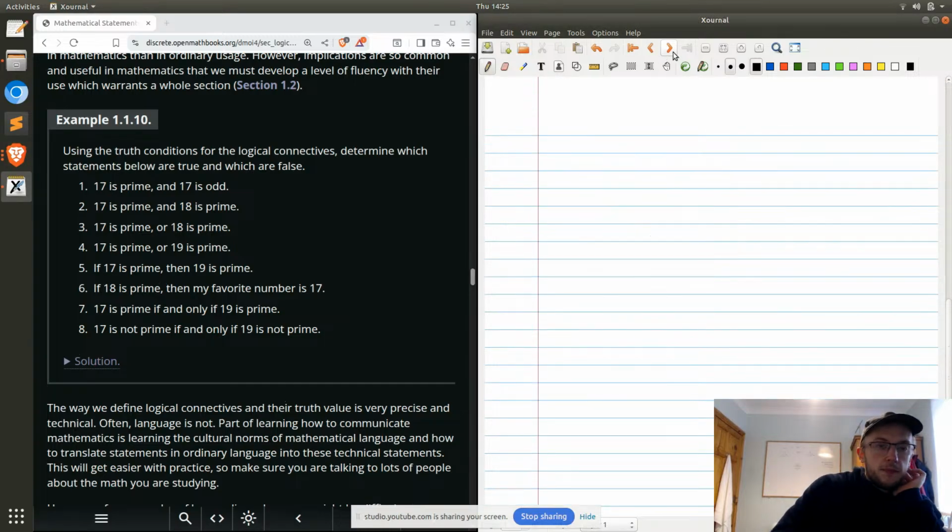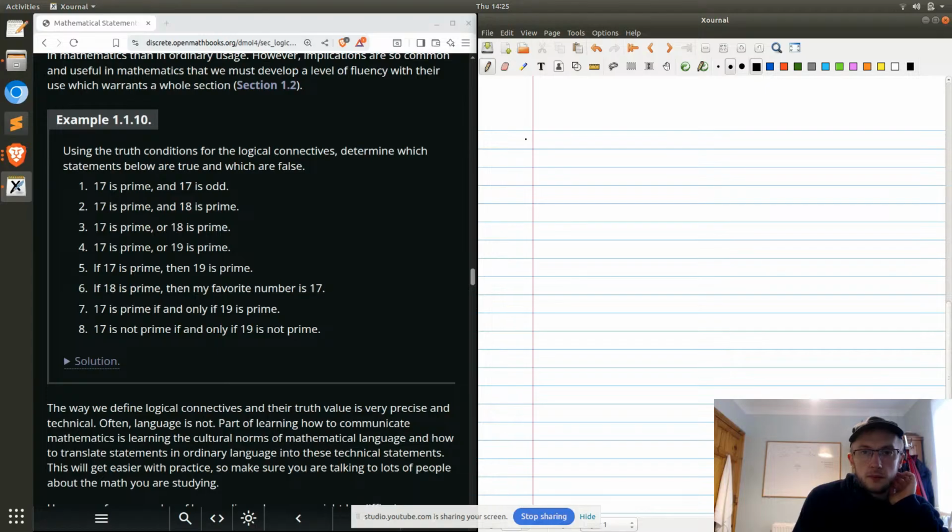Okay, so 17 is prime and 17 is odd. 17 is prime and 18 is prime. Well, that's true and that's false, and they're connected by a conjunction, so it's false.